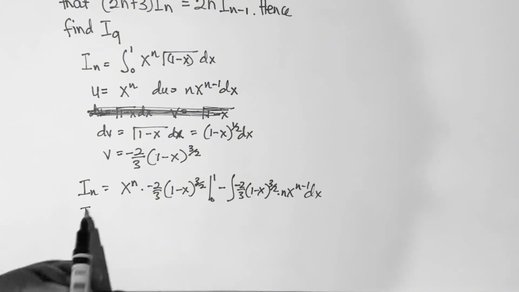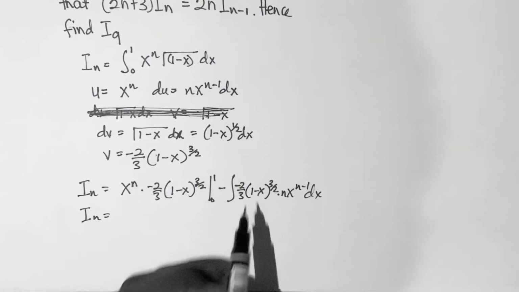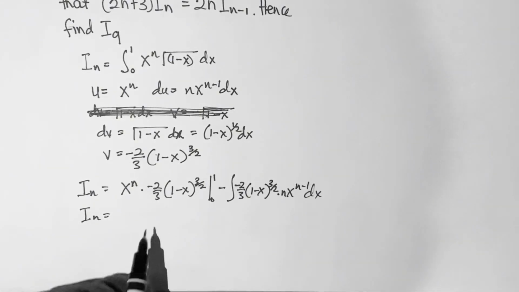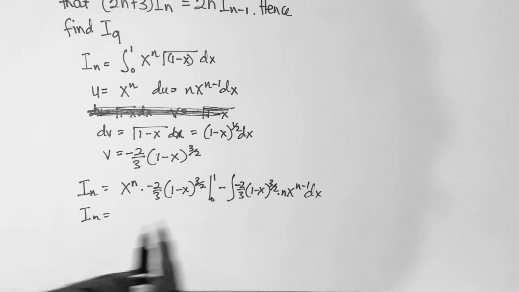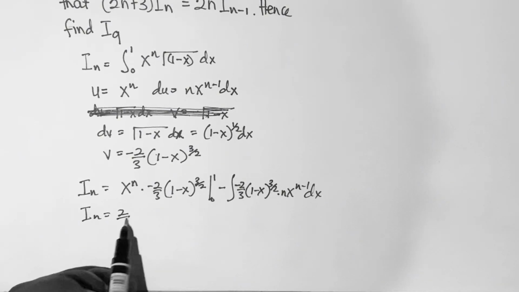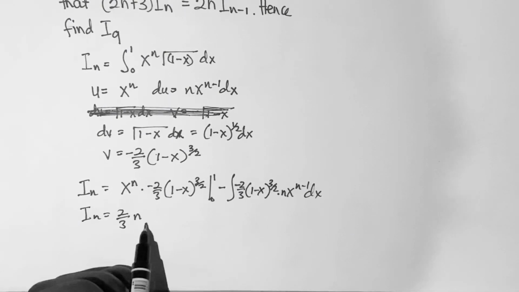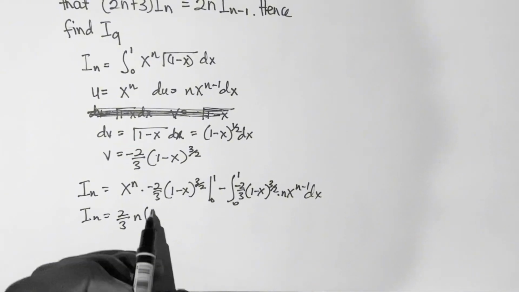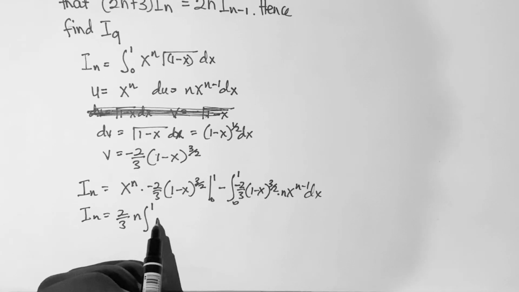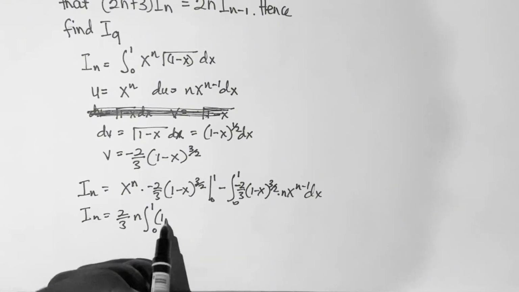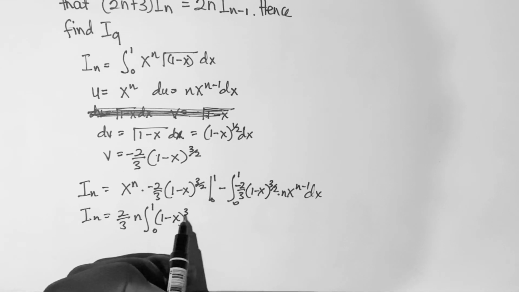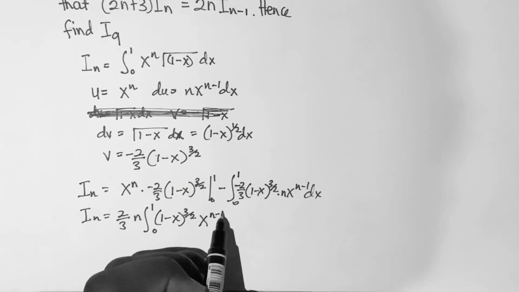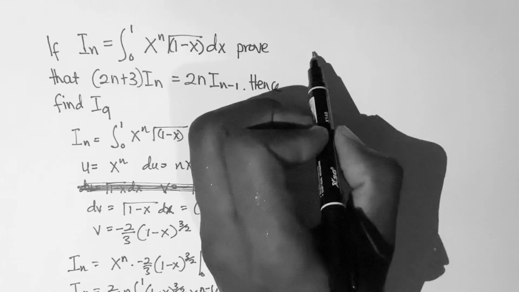So I_n is equal to, this goes out, but there's a minus here and a minus here. And n is also a constant, so let's pull it out. We are left with 2 over 3 n times the integral from 0 to 1 of (1 minus x)^(3/2) times x^(n-1) dx.